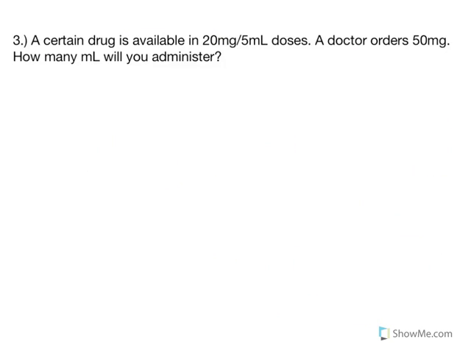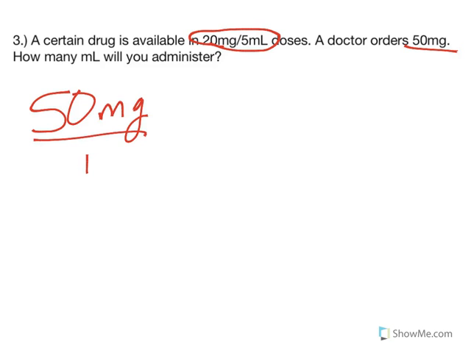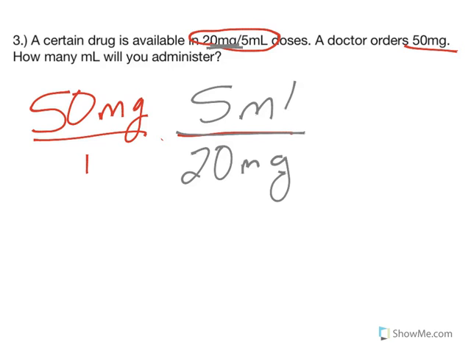Number 3. A certain drug is available in 20 milligrams per 5 milliliter doses. Here's my identity ratio. A doctor orders 50 milligrams. When I look at my identity ratio, I want the milligram part on the bottom. So 20 milligrams per 5 milliliters.